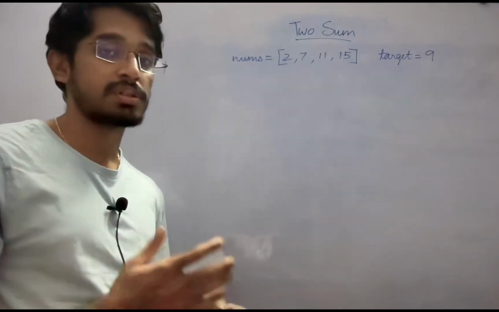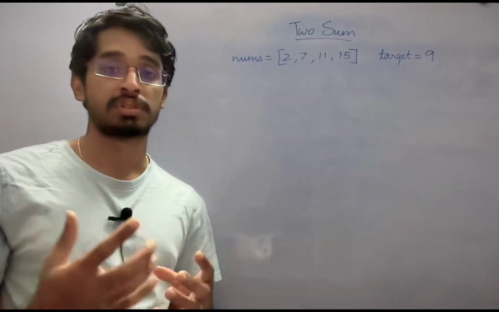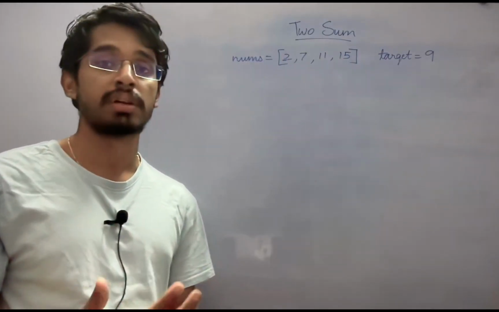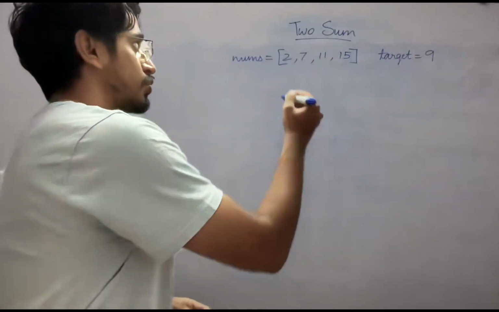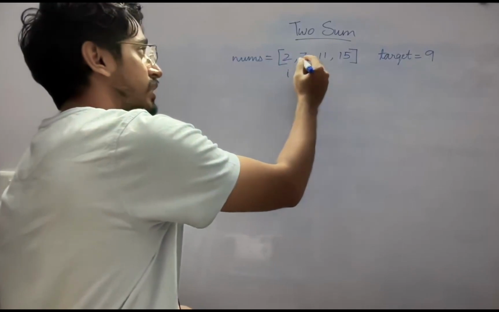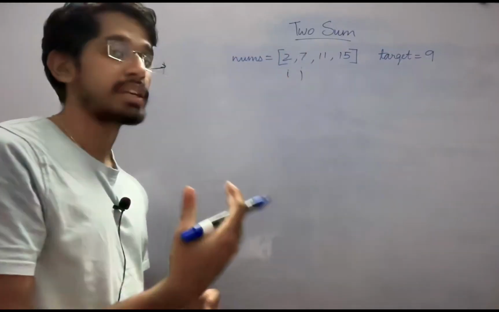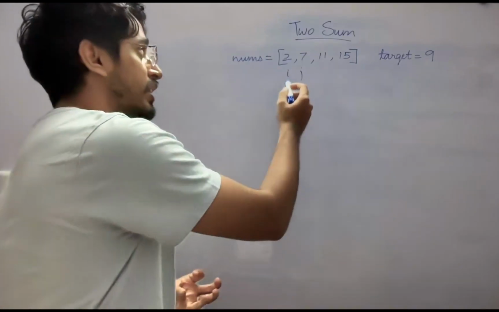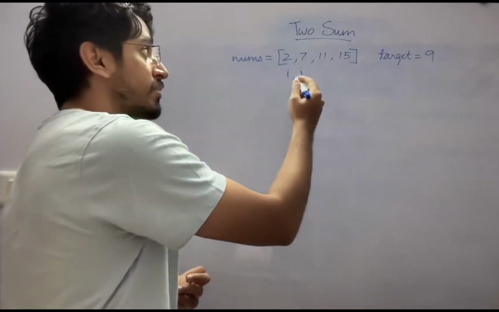So what is the brute force way, or the simplest way to solve this without any efficiency? We initialize two pointers, i at the 0th index and j at the first index, and we create nested for loops and make the comparisons. First we compare i and j to see if they add up to 9.